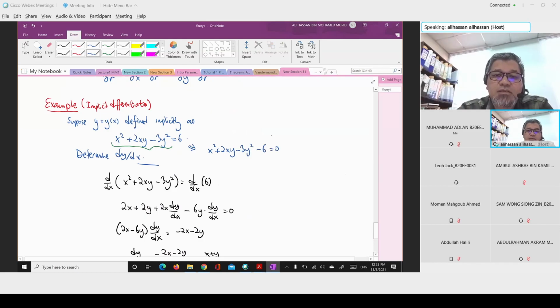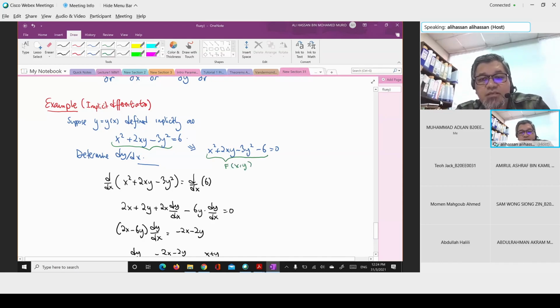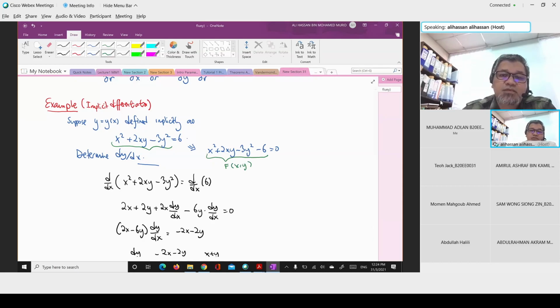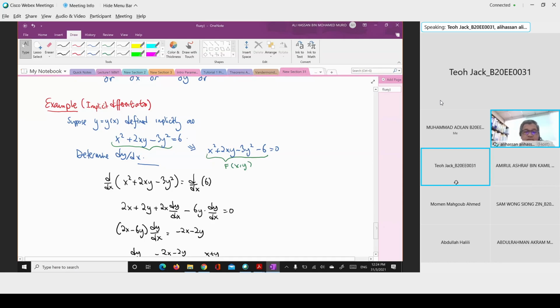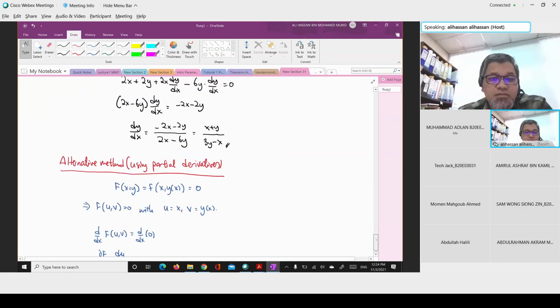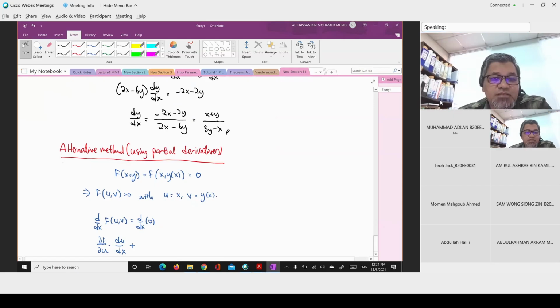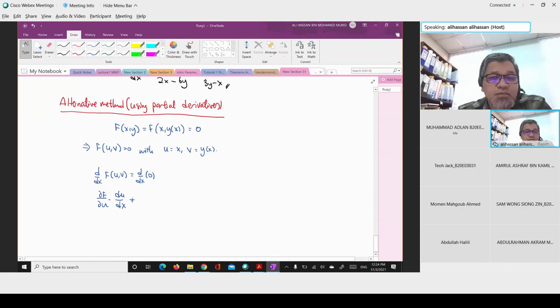So this function on the left hand side can be viewed as a function of x and y, two variables. So in general, if y is defined implicitly, it can be rewritten in this form. I'm discussing a general situation here.